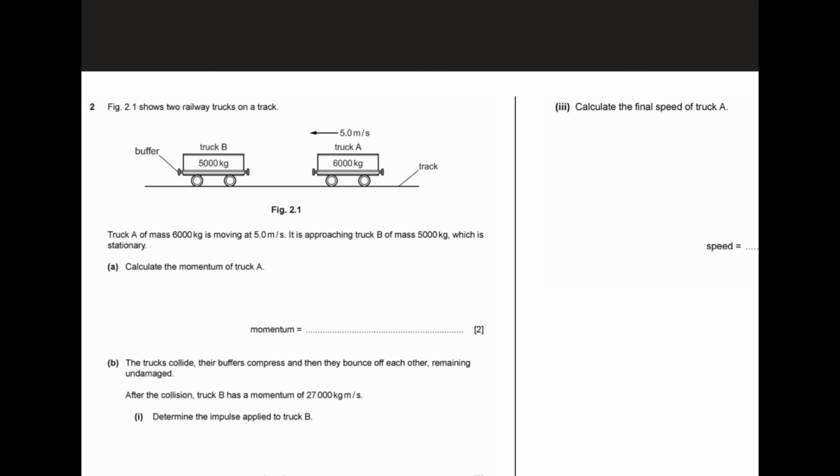It is approaching truck B of mass 5,000 kg, which is stationary. So again, when you see this situation, you may end up with UB to be 0, and UA, because it moved to the left, you will put negative 5.